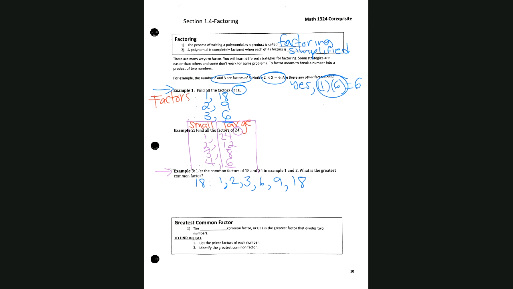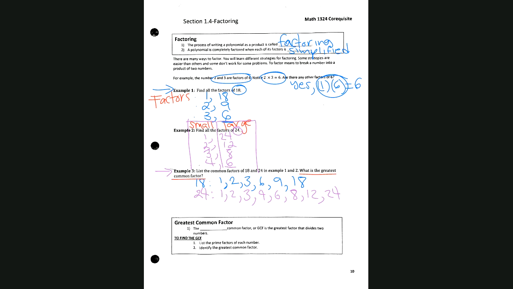Now let's move on to 24. The factors of 24 are 1, 2, 3, 4, 6, 8, 12, and 24.